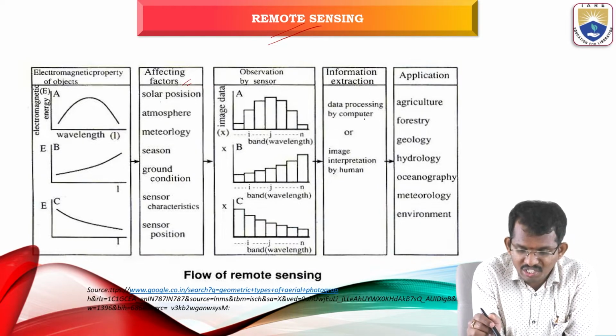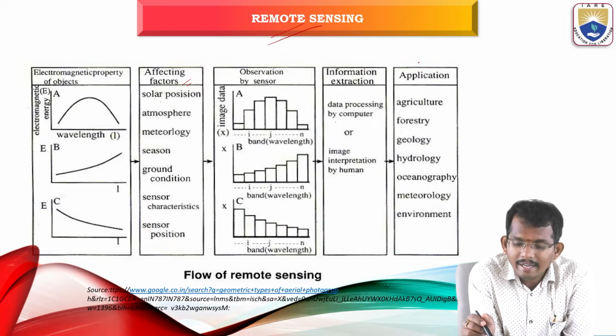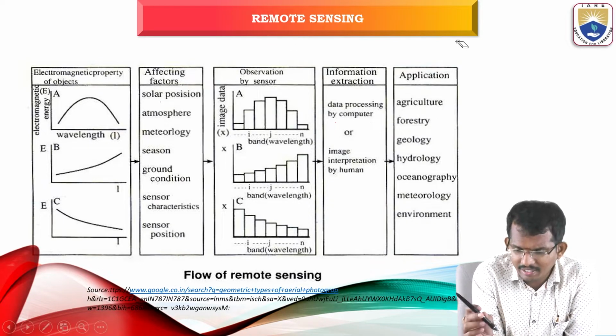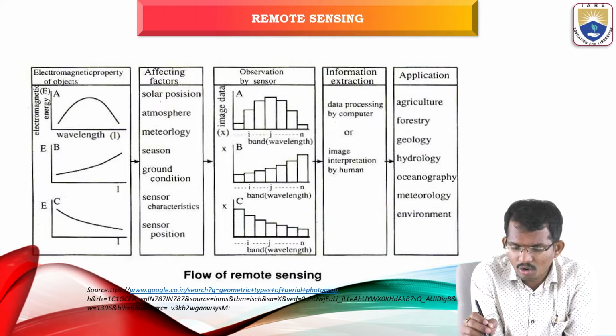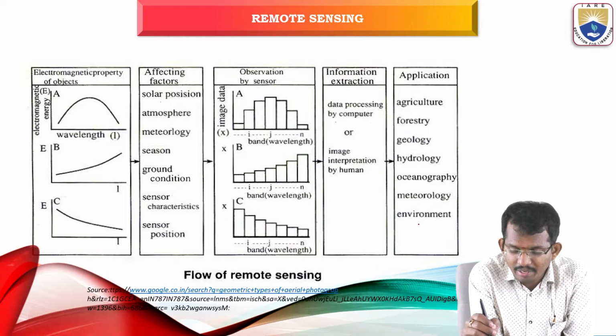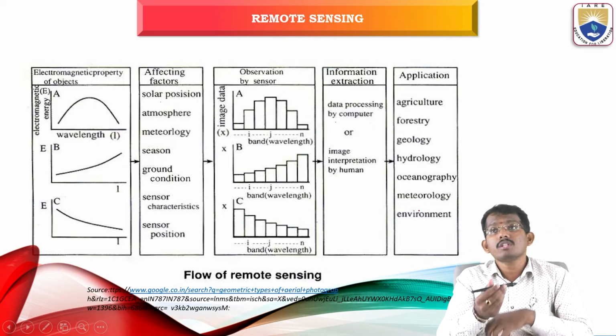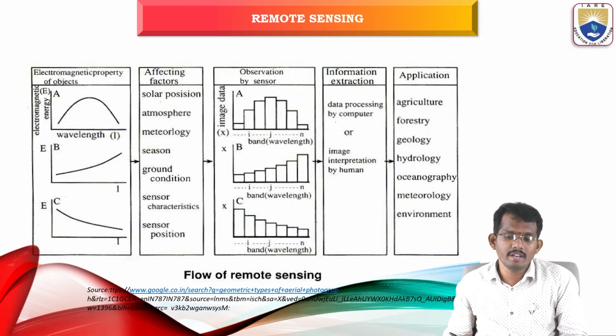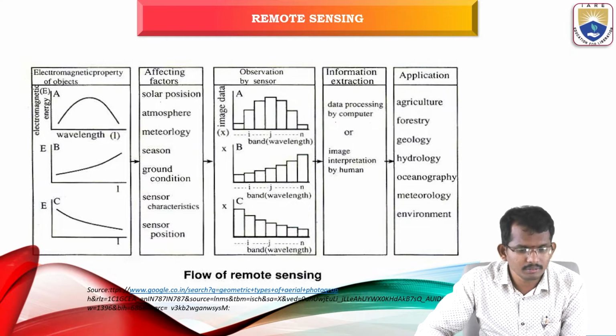Okay, information extracted: data processing by computer, image interpretation by humans, and applications. This remote sensing can be applicable for various fields like agriculture, forestry, geology, hydrology, oceanography, meteorological environment. So there are various sources where this remote sensing can be applicable, broadly in civil engineering.